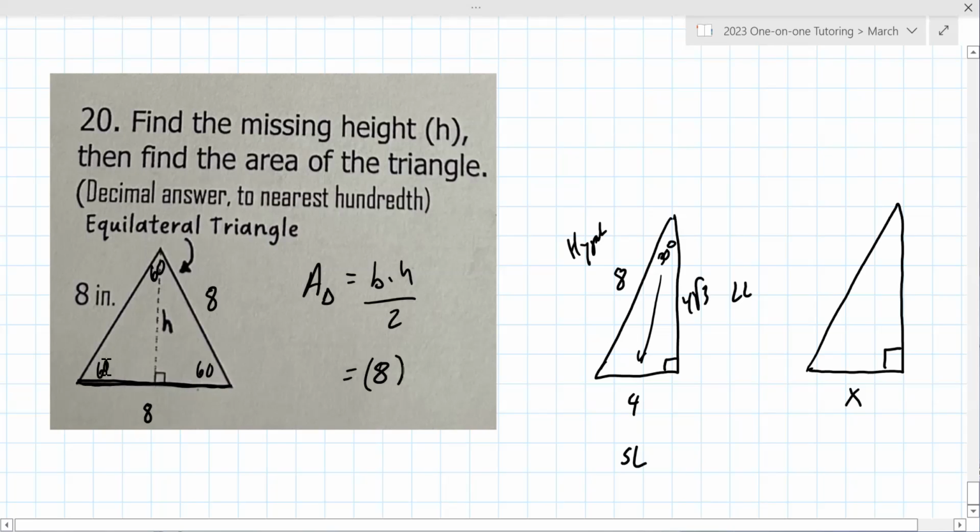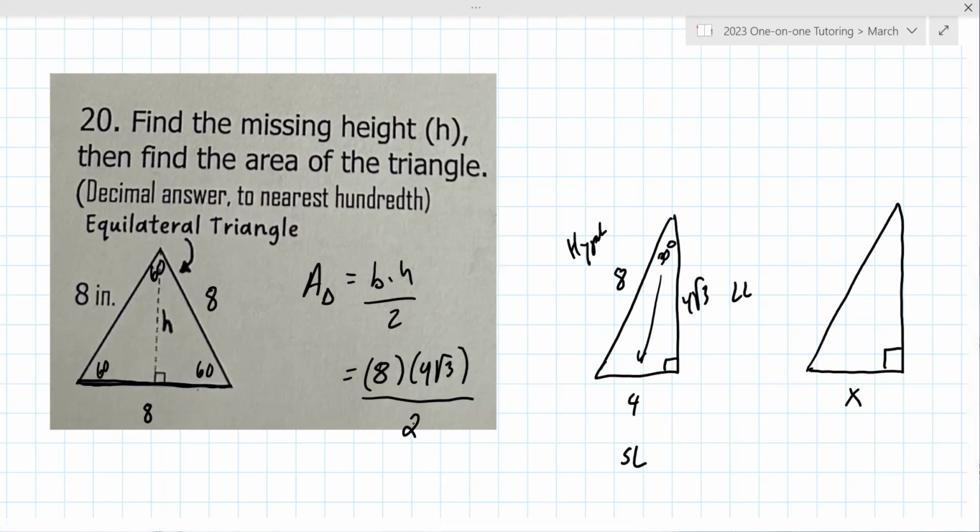The height is what you just found, 4 square root 3, divided by 2. Go to the calculator and let me know what you come up with.